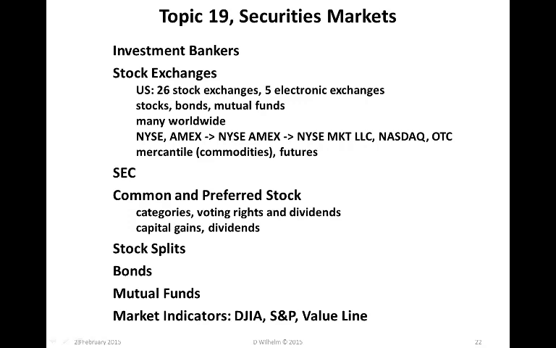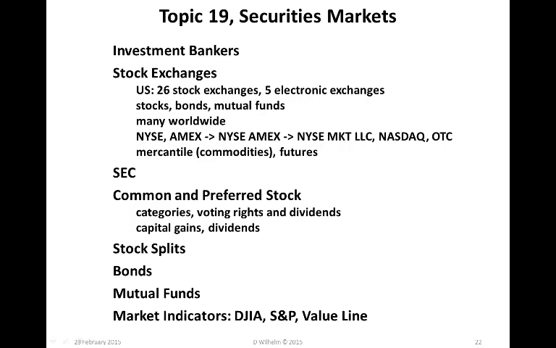There is also NASDAQ, the National Association of Securities Dealers Automatic Quotation, an online stock exchange, and there's over-the-counter. Some specialized stock exchanges are mercantile and futures exchanges, which primarily deal with commodities, wheat, oats, coal, and so forth.